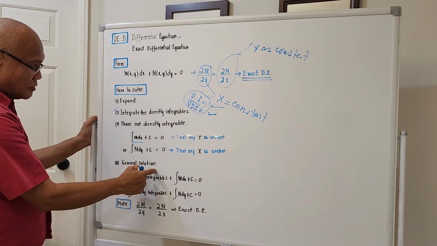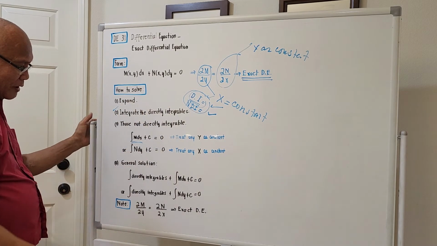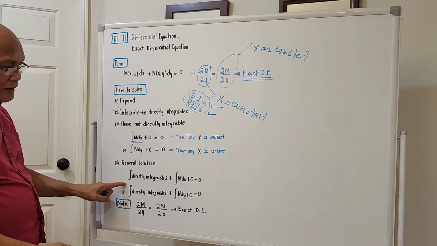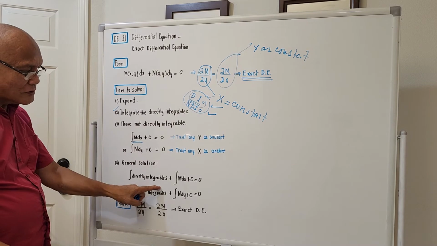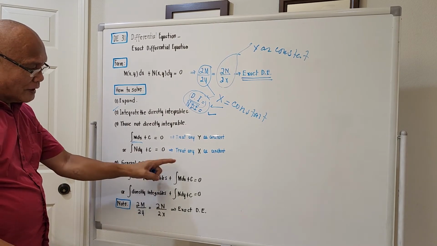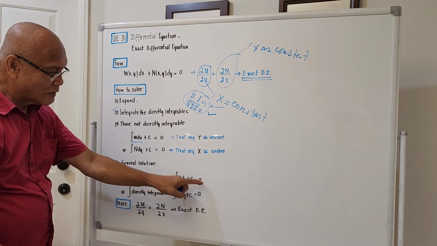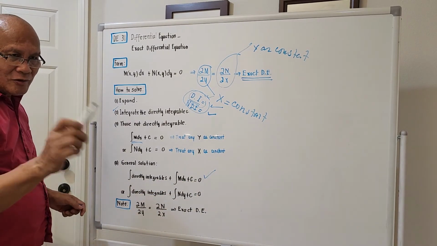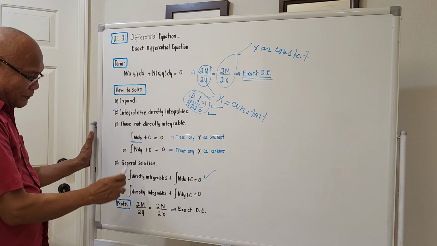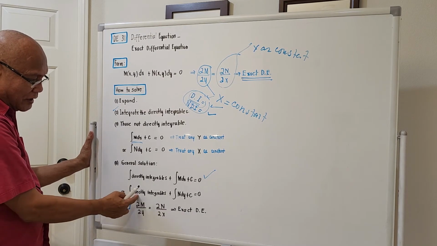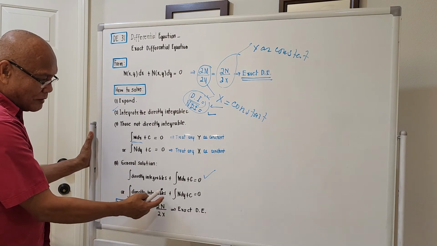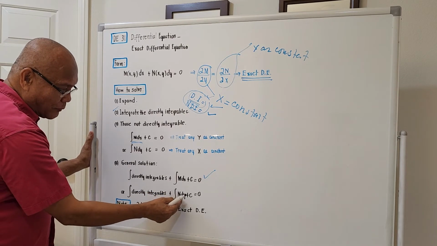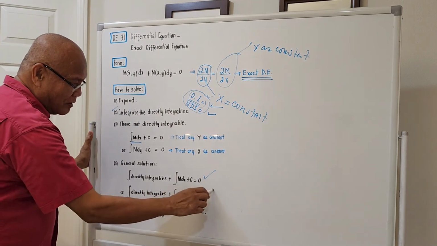So the general solution of the given exact differential equation will be the integral of those directly integrables plus the integral of M dx plus c equal to 0. Or as a second solution, it will be the integral of those directly integrables plus the integral of N dy plus c equal to 0.